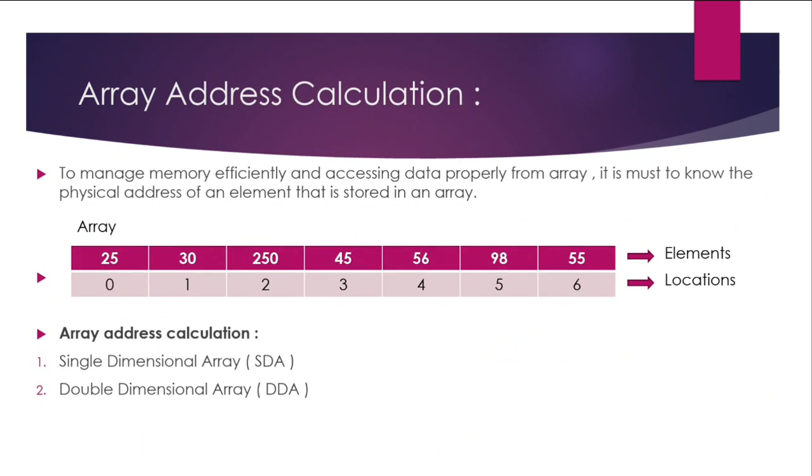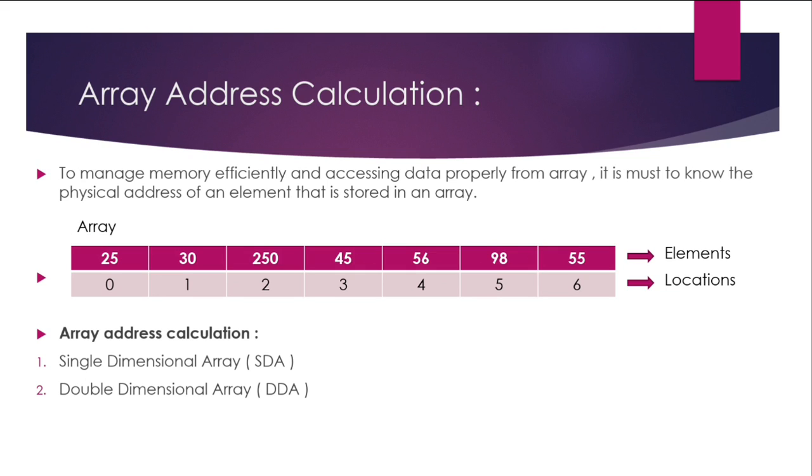Now, array address calculation. The first point: to manage memory efficiently and access data properly from an array, it is a must to know the physical address of that element. Why is it a must?